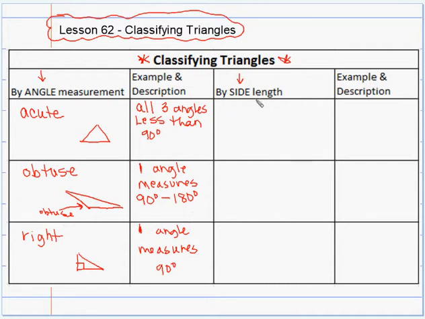If they ask you to classify by side length, we have scalene triangles. We have isosceles. And we have equilateral.